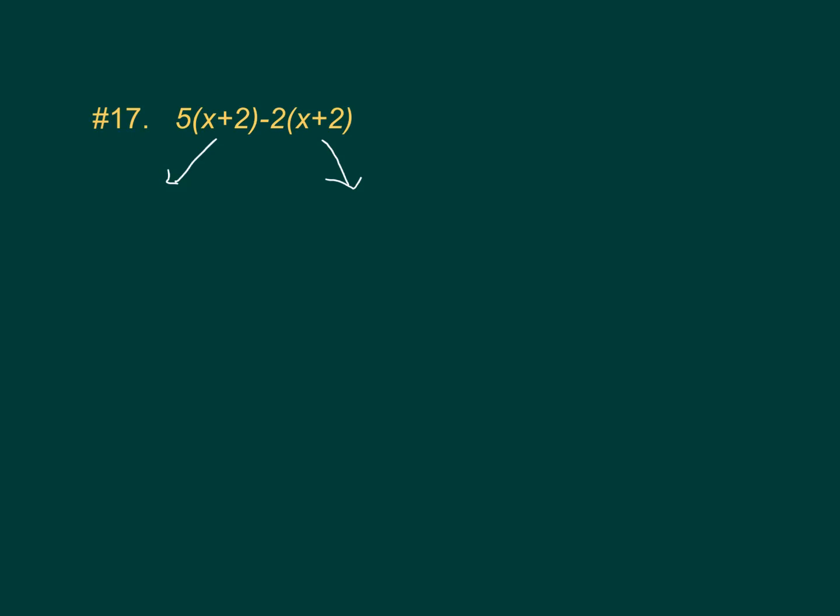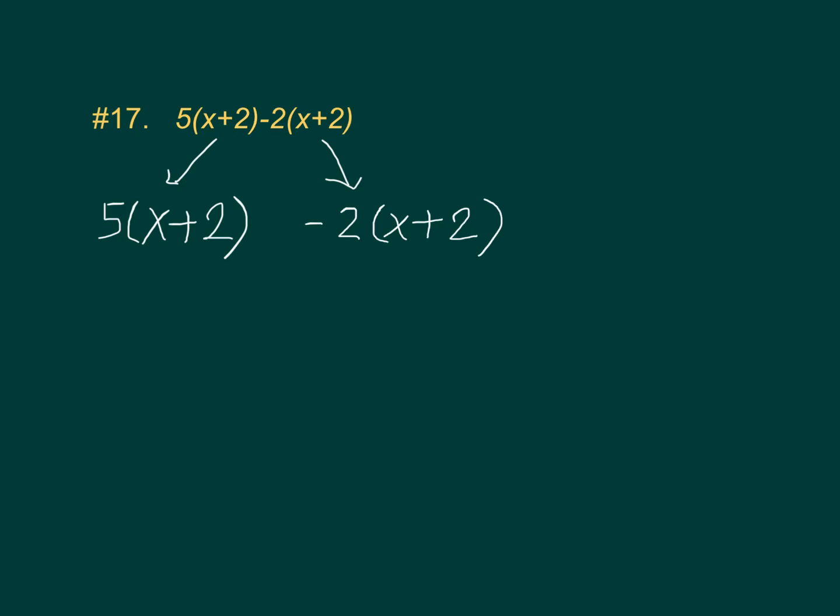Okay, so the first expression is 5 times x plus 2, and then the second expression, please don't leave out the minus sign here. The minus sign belongs to 2 here. So it is negative 2 times x plus 2.